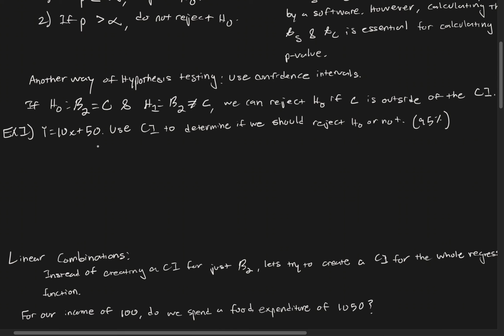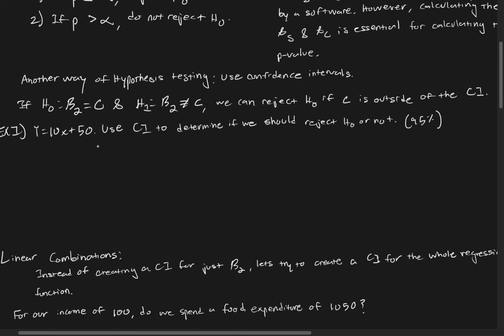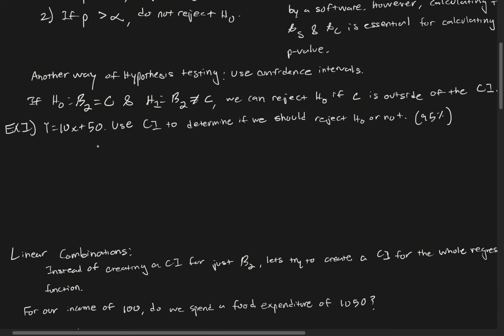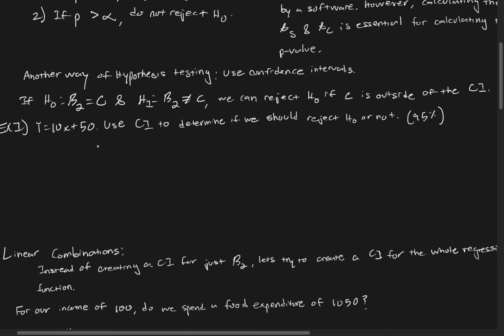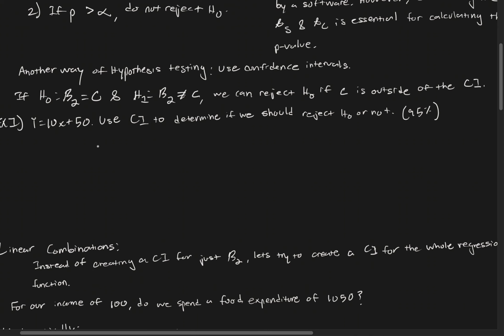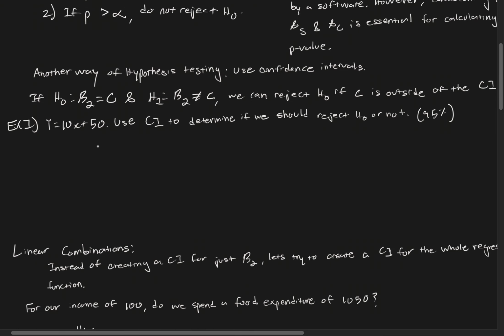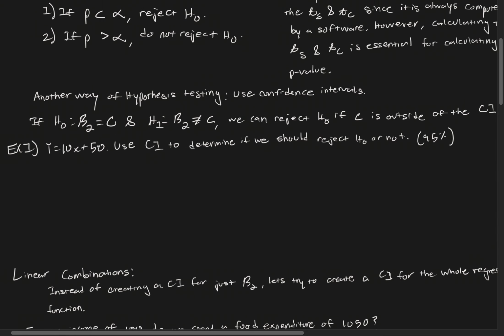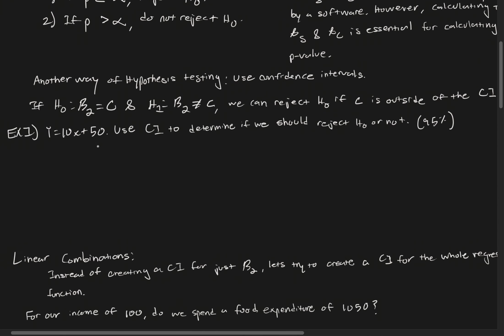When creating our confidence interval around beta 2, we would reject the null if the hypothesized value falls outside of the interval, because that means it's different enough that income has an effect on the food expenditure y.